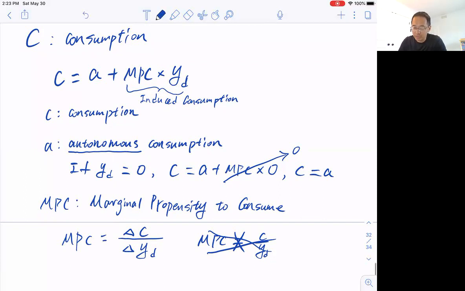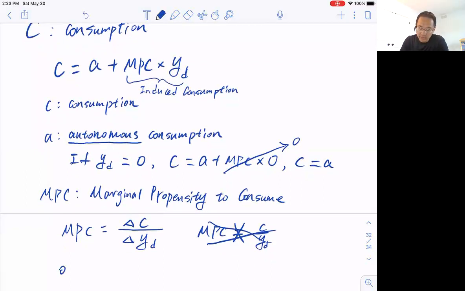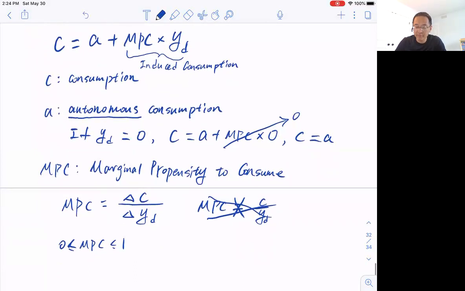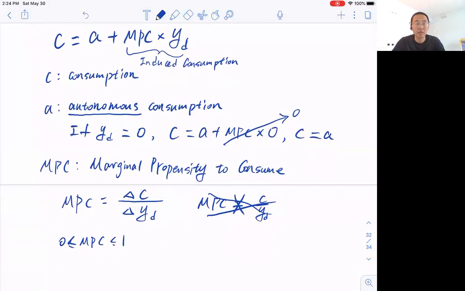Since it's a proportion, your MPC is going to be a number between 0 and 1. 0 means you spend nothing out of your new income on consumption. 1 means you spend everything, or somewhere in between. And if it's 0.7, that means when you get new income, you spend 70% of it on consumption. The rest, what do you do?